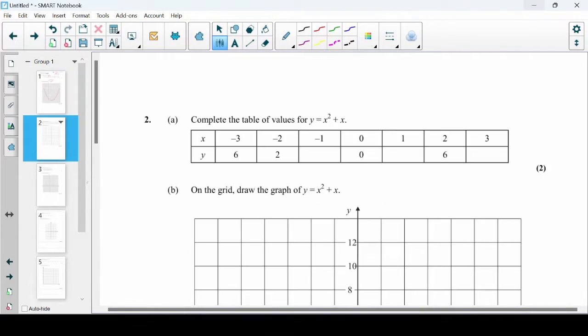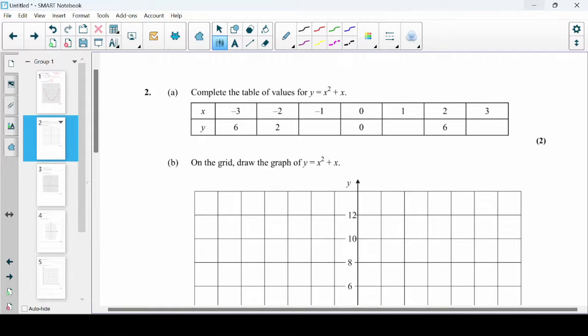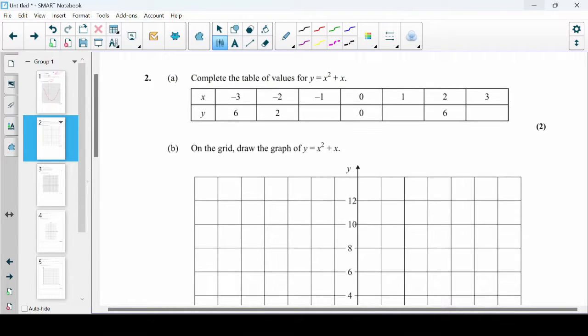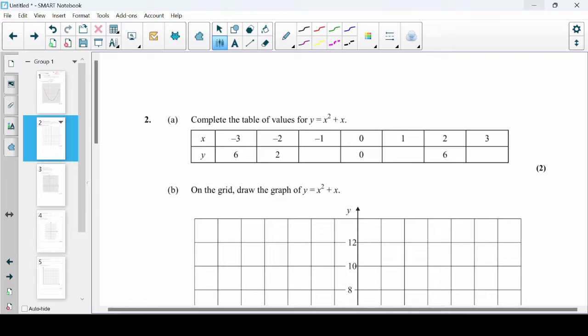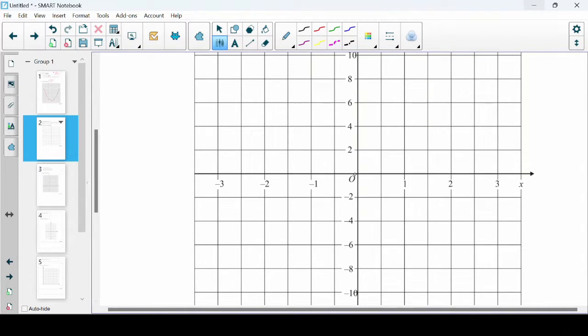Now I go to the next question. It is also a similar kind of question. This is also a quadratic equation, where y is equal to x squared plus x. Here we can see that there's no y-intercept, so that means the graph should pass through this 0 point.